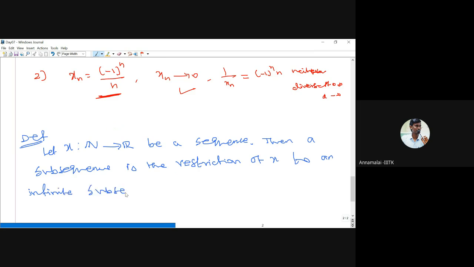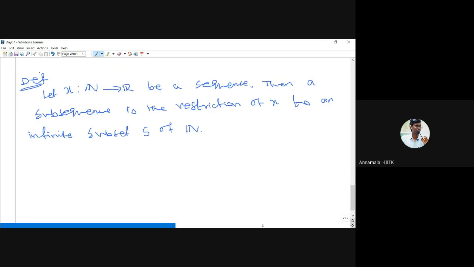I call the subset S of N. For example, suppose our S is the set of all even numbers, so S is the set of even natural numbers, the positive even integers.